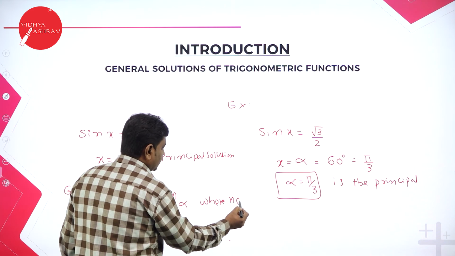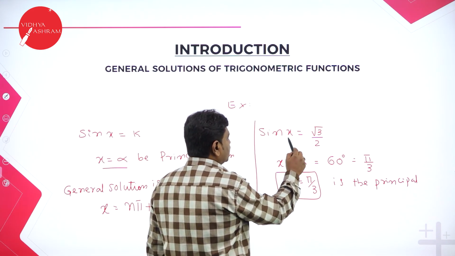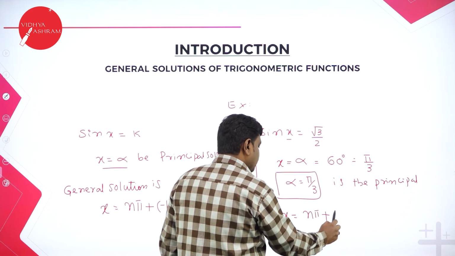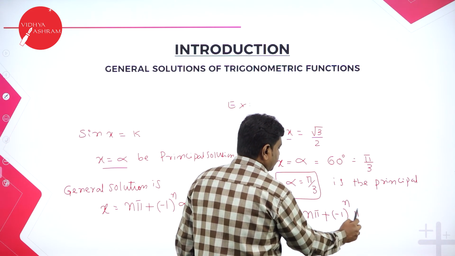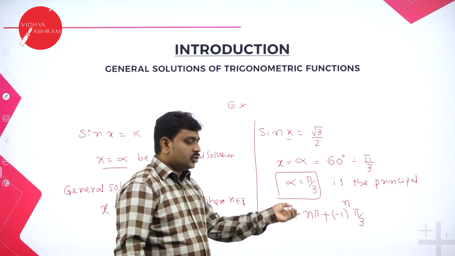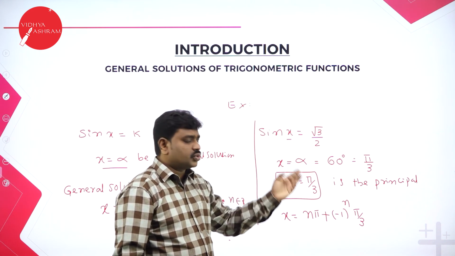Where n is what? Integer. Means, here for this example, the general solution is, in the place of x, we have x is equal to n pi plus minus 1 whole power n alpha. What is alpha? Pi by 3. So dear students, in the place of n you put 1, you will get one solution. In the place of n you put 2, you will get other solution. We will have infinite solution.